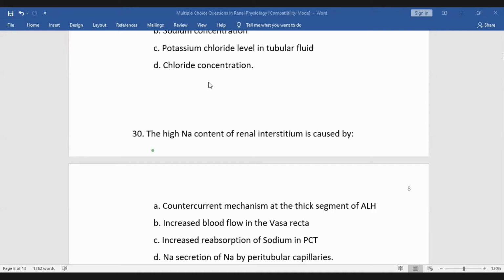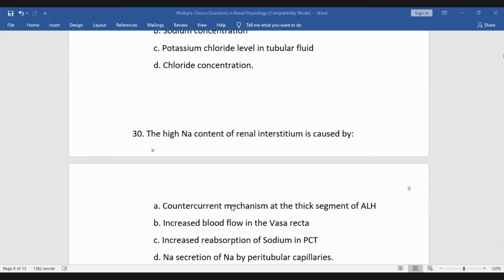Now coming to the countercurrent mechanism in the ascending limb, that is an important one. Ladies and gentlemen, let's try to remember, in the ascending limb of the loop of Henle, the fluid is coming from the hairpin loop of Henle and coming up. This contains quite a huge quantity of sodium, nearly 30% of the sodium is present in the tubular fluid.